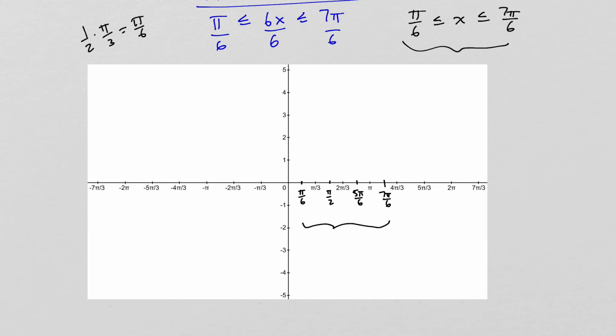Remember, we are doing a sine graph. Sine graphs usually start at the origin, but now it's going to start at pi over 6. So it starts here. It's going to end at 7 pi over 6. Halfway in between, which is at this number right here, it's going to be crossing the x-axis.